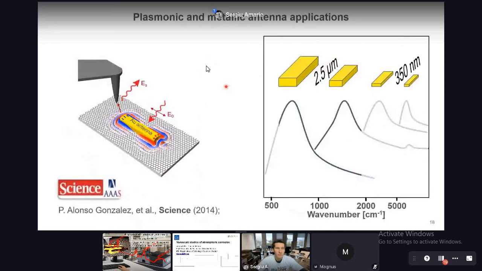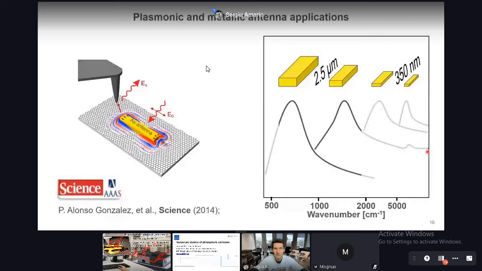To come back to the plasmonic and metallic antenna application, the OPIO laser source adds a huge advantage to this particular field. With this laser, you can use, for instance, excitation wavelengths which were not possible to access before.